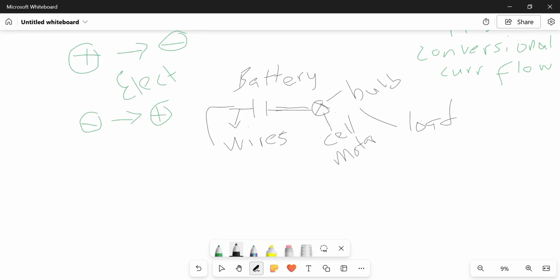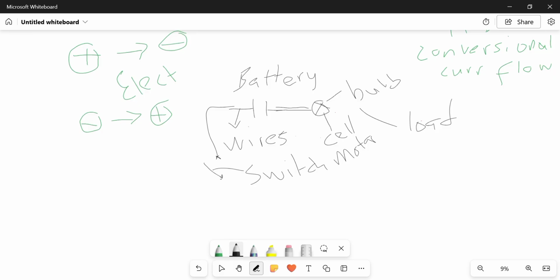And we can also have a switch. Those are the components that complete a circuit.